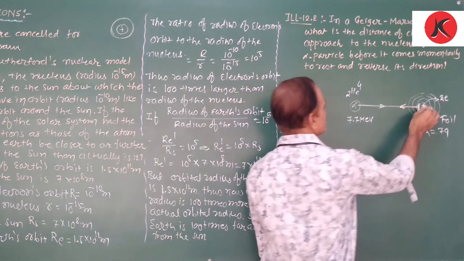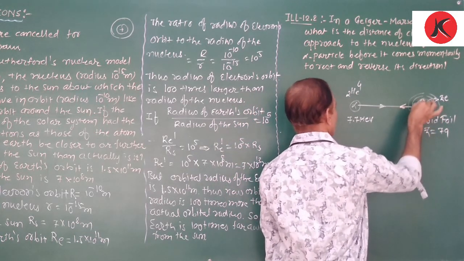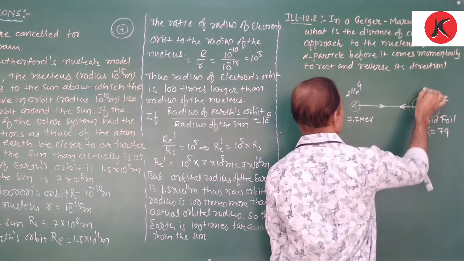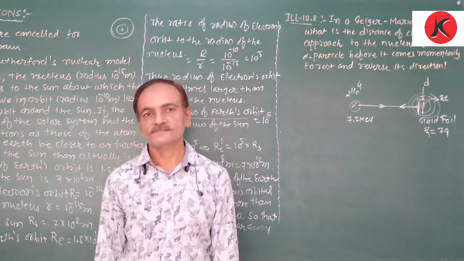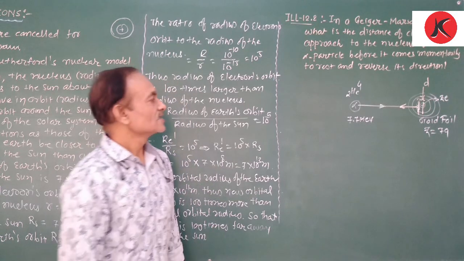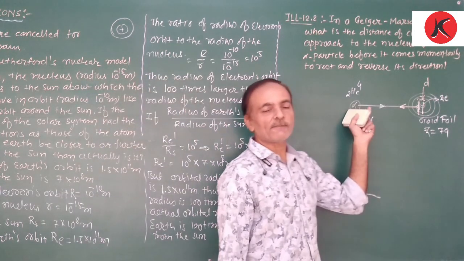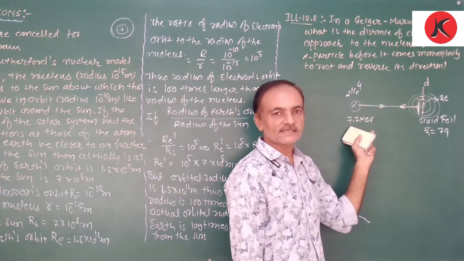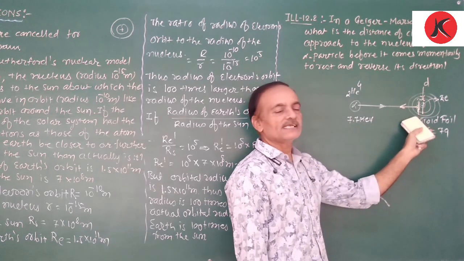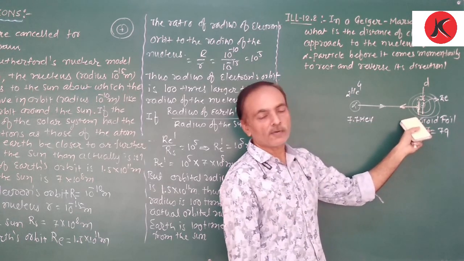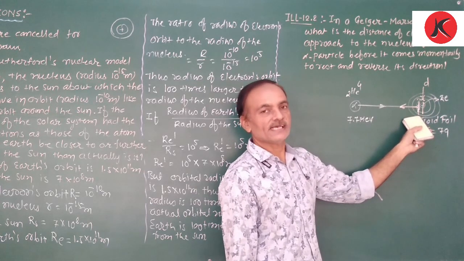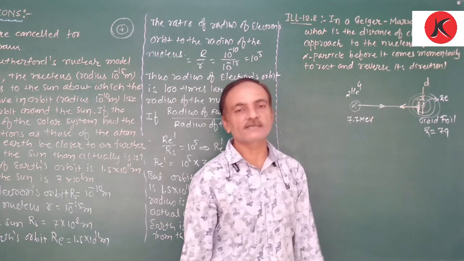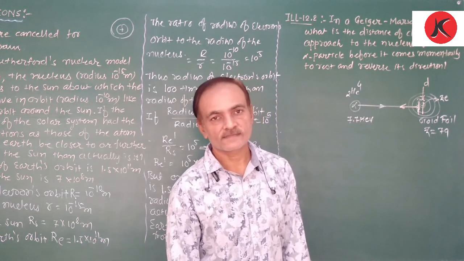Suppose this closest distance between the nucleus and the alpha particle is this distance d. Right? So initially all the energy of the alpha particle is in the form of kinetic energy. When the alpha particle momentarily becomes stationary, or at rest, at that time all the energy is in the form of potential energy.